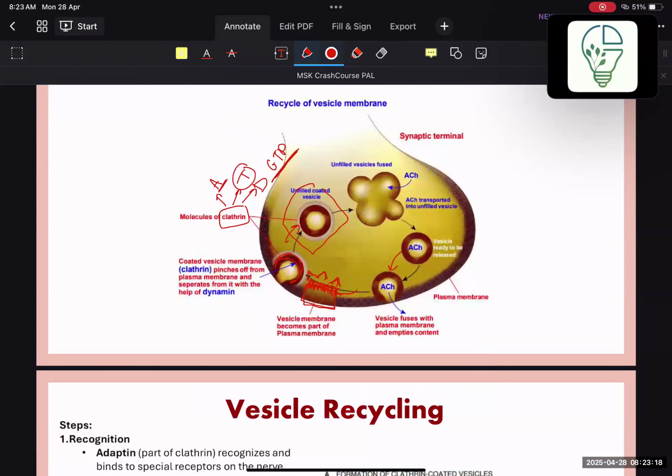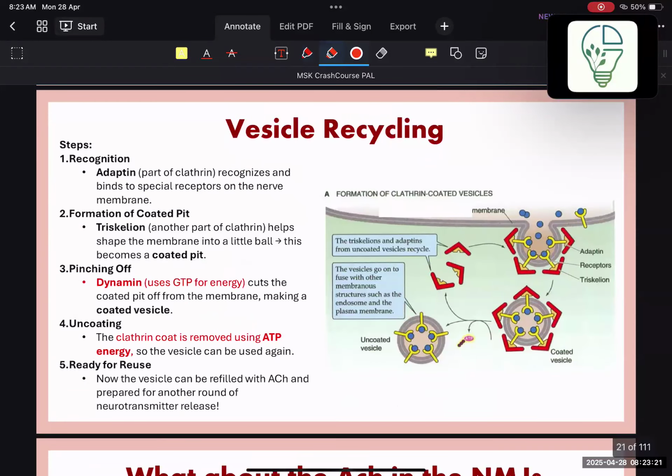So let's take a look at this slide where I wrote everything out for you. Number one, adaptin, which is a part of clathrin, is going to recognize that this area looks like it came from a vesicle and it will bind to it. Then the next part of clathrin, called triskelion, which is this triangle shape over here, is going to pinch it back into looking like a vesicle.